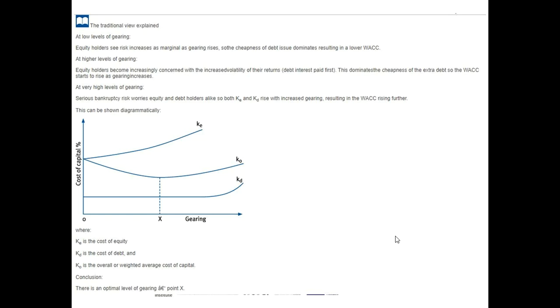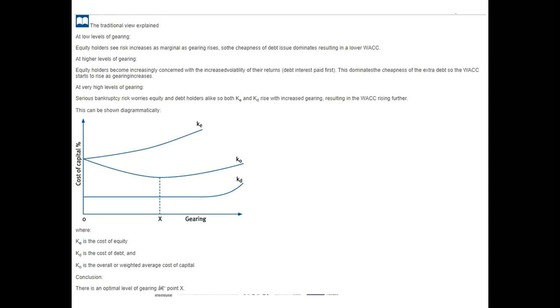Equity holders become increasingly concerned with the increased volatility in their returns, and the debt interest is paid first. Debt will always be paid first when the company needs to pay equity holders. These dominate the cheapness of the extra debt, so the weighted average cost of capital rises as the gearing increases.